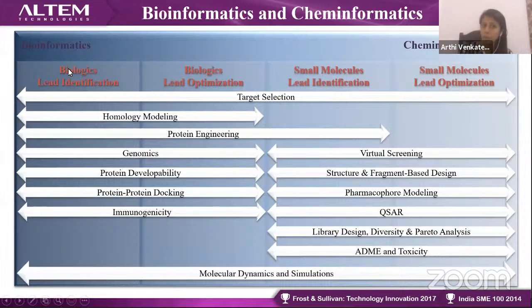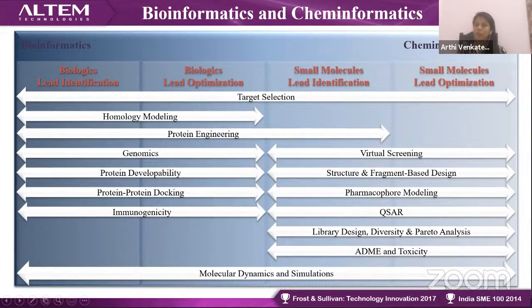And coming to bioinformatics, there is something called target selection. So what does target represent here? In bioinformatics, we can call it a protein target, and in cheminformatics we'll be calling it a chemical compound or drug molecule or any compound. Those are called targets here. And then homology modeling.